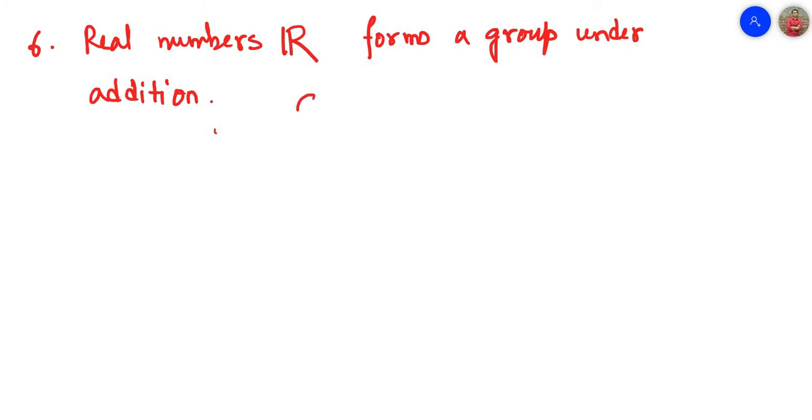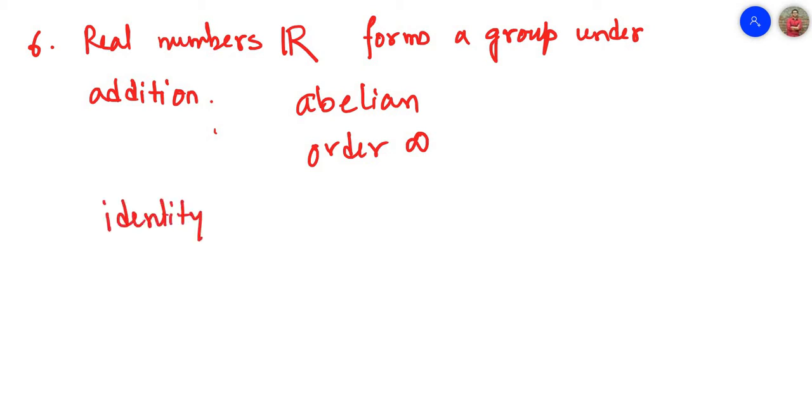Notice it is also an abelian group, and it is a group of order infinity. Plus, this group has identity element 0, and for any real number u, the inverse is of course negative u.